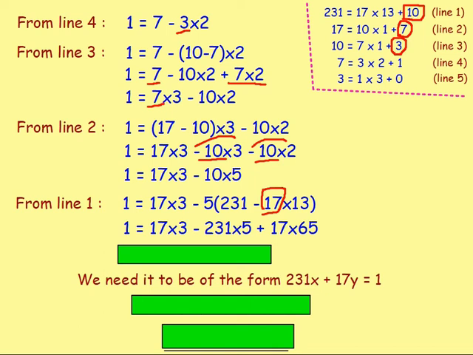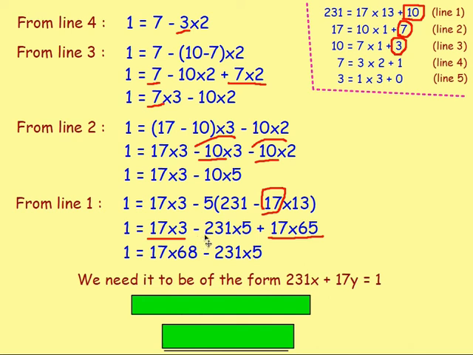After that, gather anything together. Well, you can see here, you've got 17 times 3, so we've got 3 lots of 17, and we've got 17 times 65, so we've got 65 lots of 17. Put them together, and if you have 65 add 3, that will give us 68 lots of 17. And we're still taking away the 231 times 5.